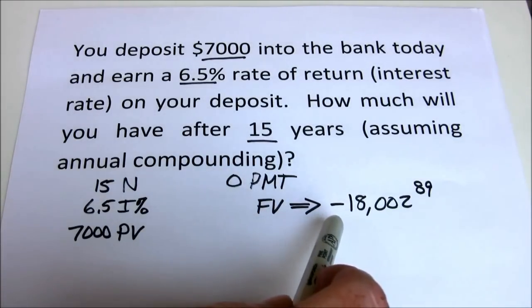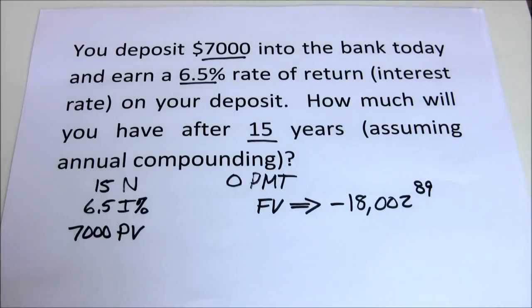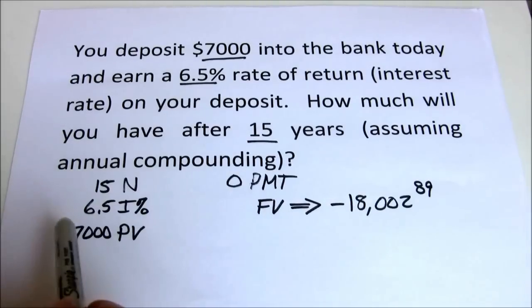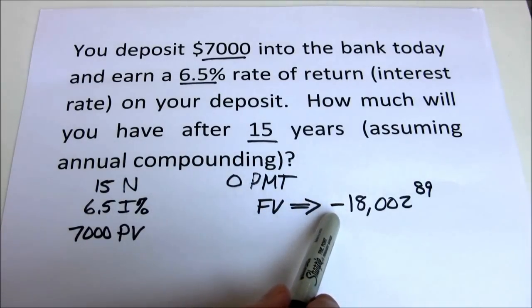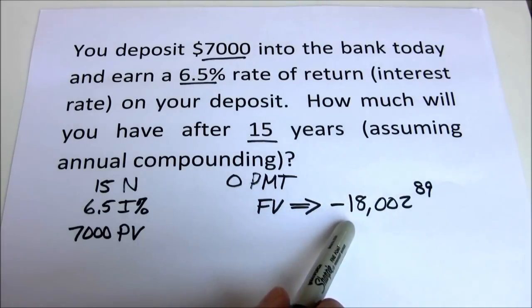What's actually happening here is the calculator is trying to balance out those cash flows. So we actually did this from the perspective of the bank. The bank received $7,000 today. That was a positive cash flow. So in order to balance things out, the bank has to give back $18,002.89 at the end. If you wanted your answer to be positive, look at it from the perspective of the individual.